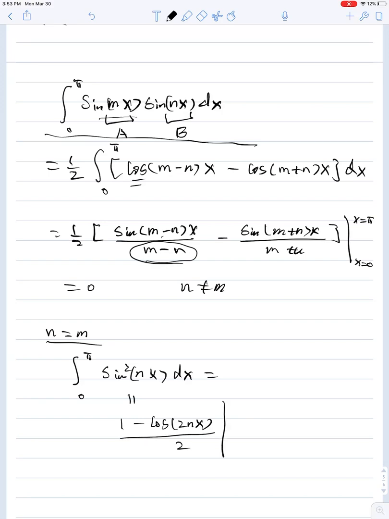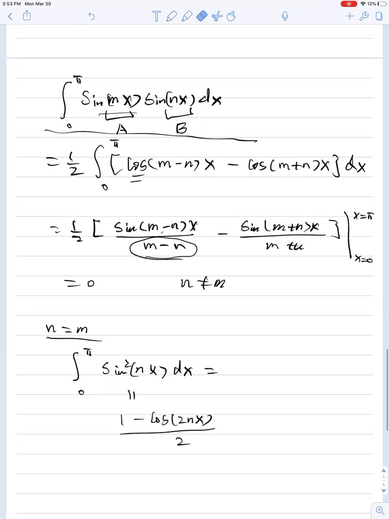Then you look at the antiderivative, and this integral is 1/2 of x minus sine 2nx over 2n, with x from 0 to pi. So you plug this in. This again would get to 0, so you have pi/2.